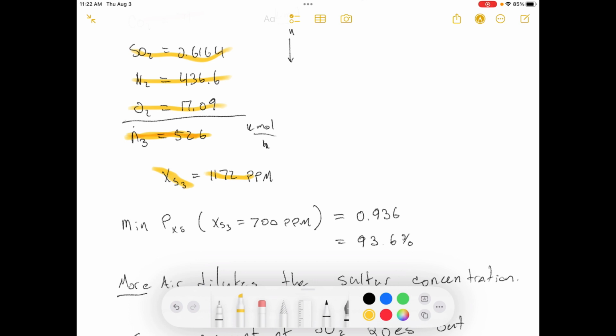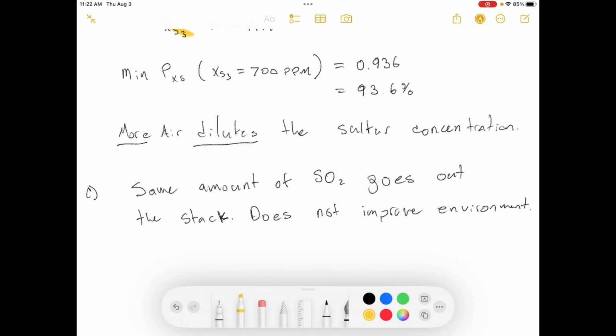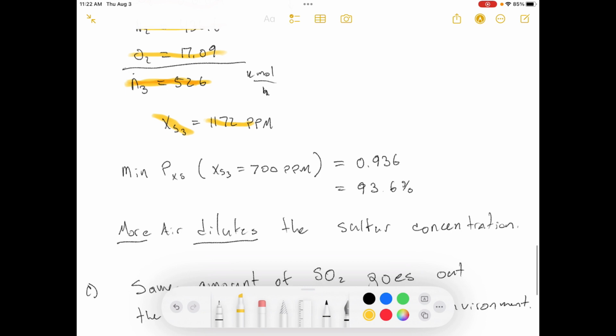Okay, and remember, my numbers are going to be slightly off because I balanced my equation wrong, right? So that's it for part A, and then for part B, it's a computer problem.